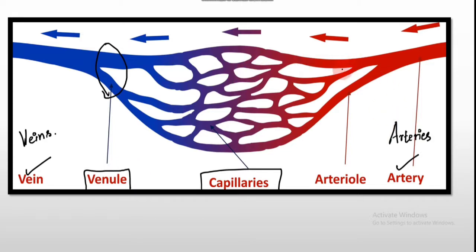For artery, the region where the branching takes place is called an arteriole. So the venule leads to capillaries and the arteriole leads to capillaries. By observing this image we can easily tell that capillaries are the ones connecting artery and vein.